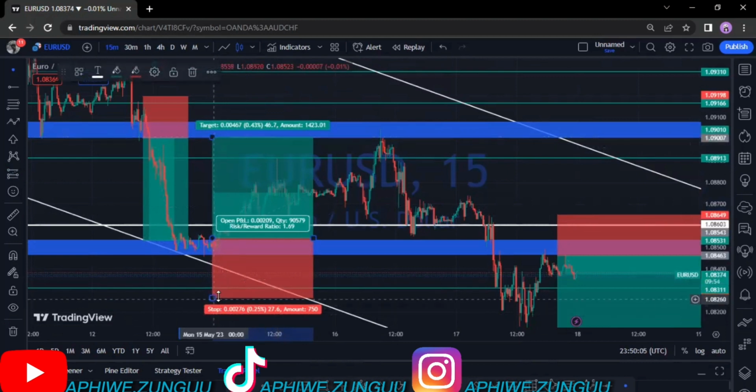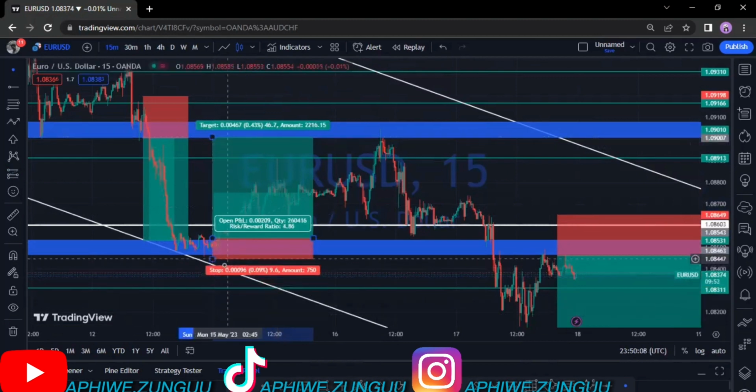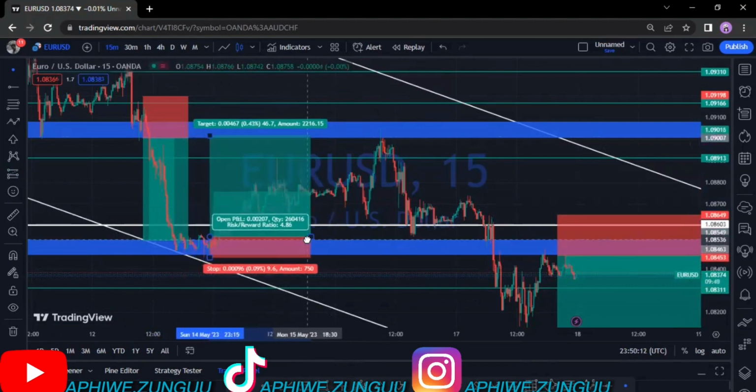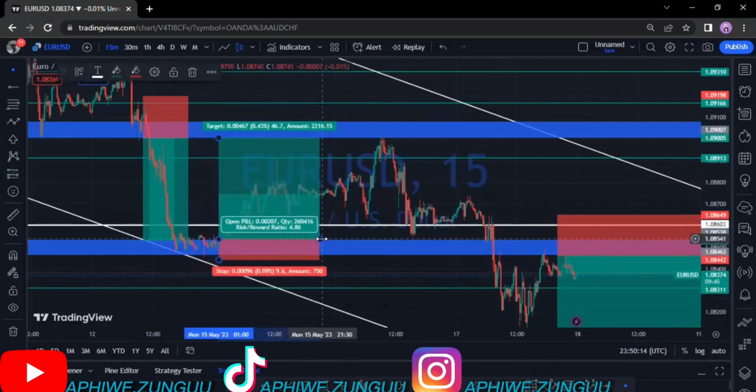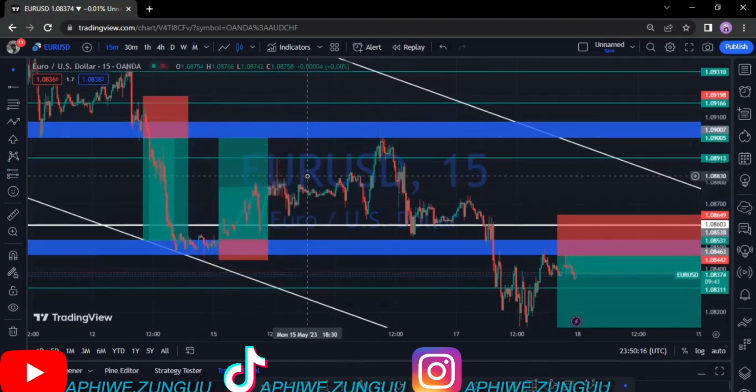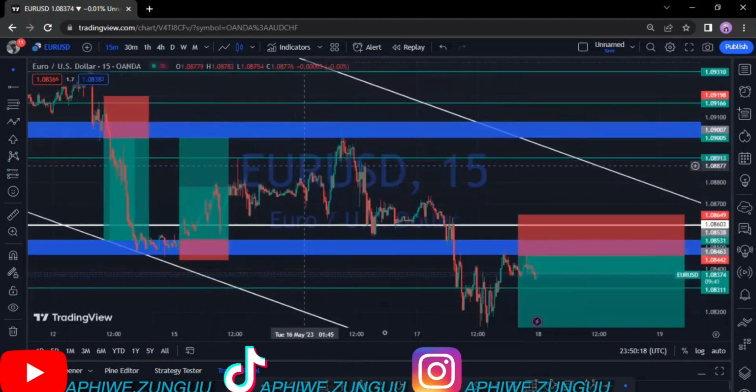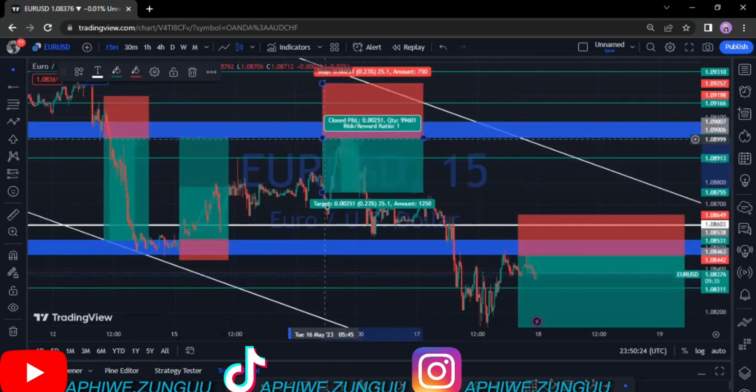When you enter a trade, your target is at resistance. Let's say you've entered a trade at support. Your target is where? At resistance. You enter a trade at resistance, your target is where? At support.